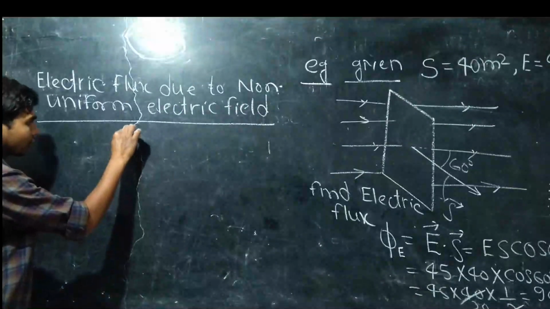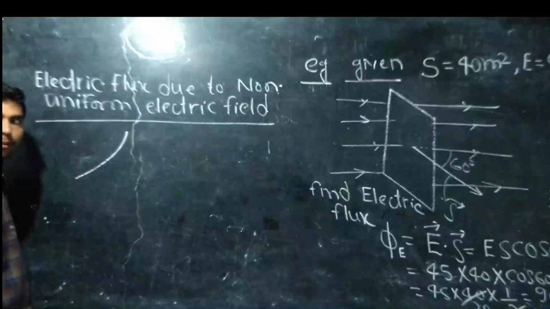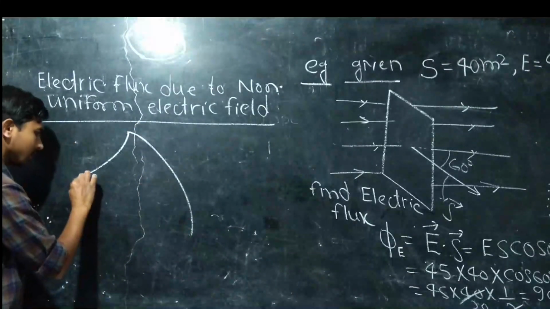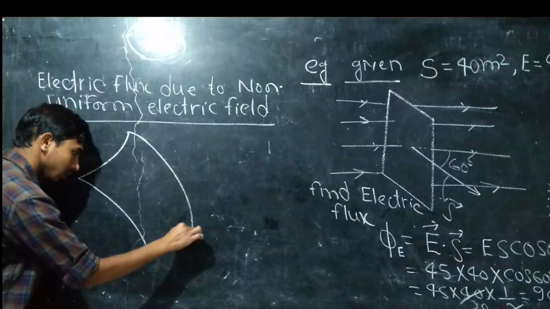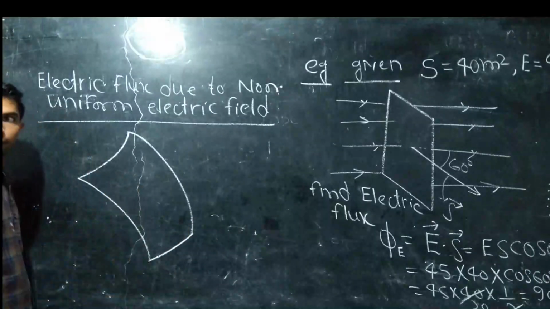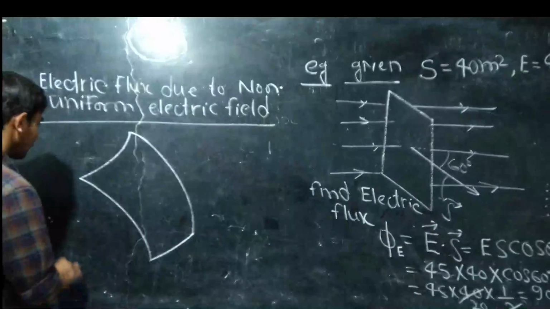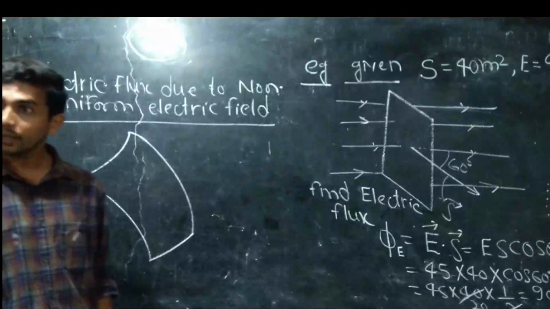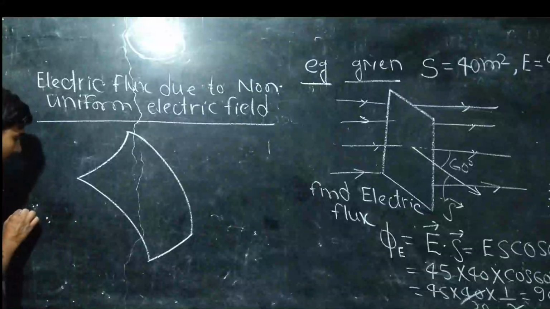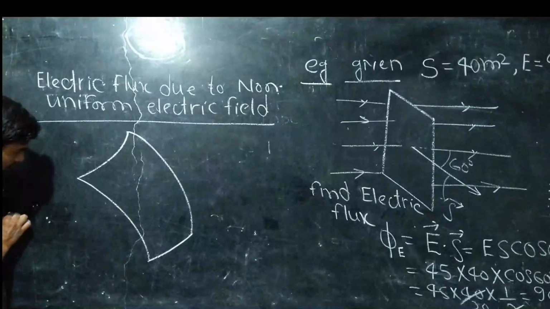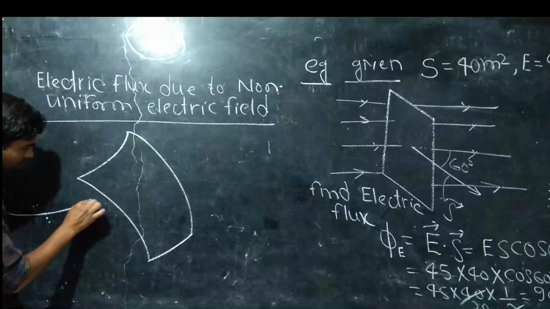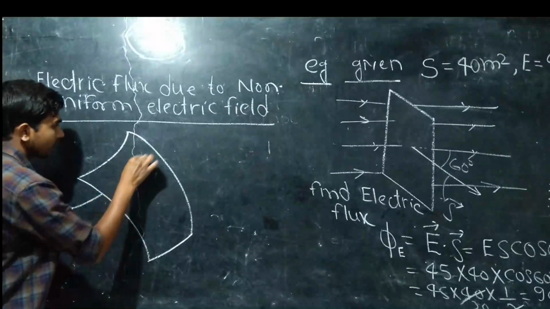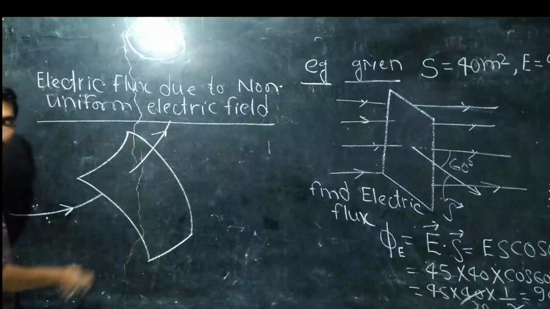So just see this figure. This is your area. I'm taking any random area, and electric flux is passing through this area, okay? Now you can see these are the electric field lines passing through this area.